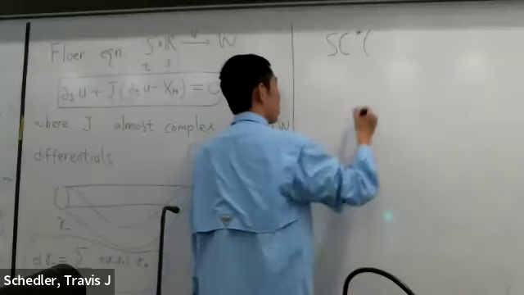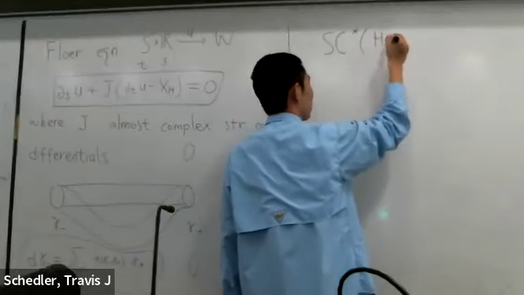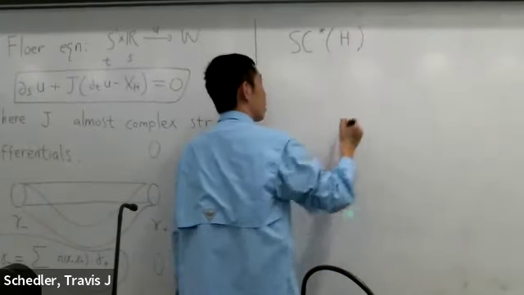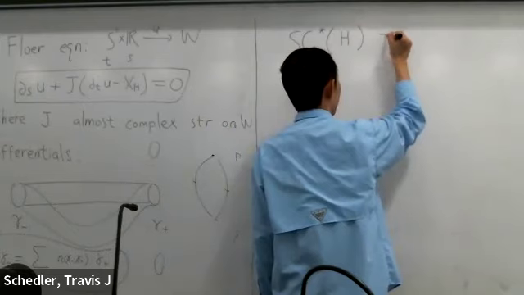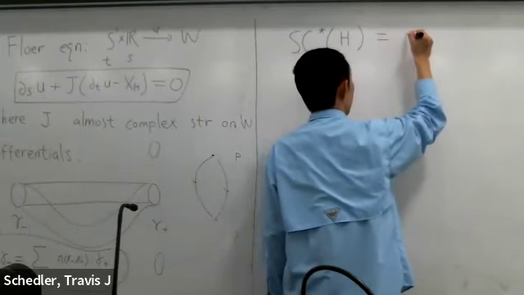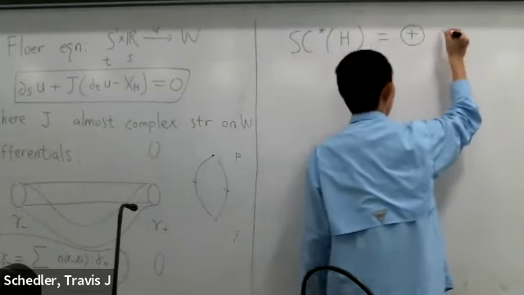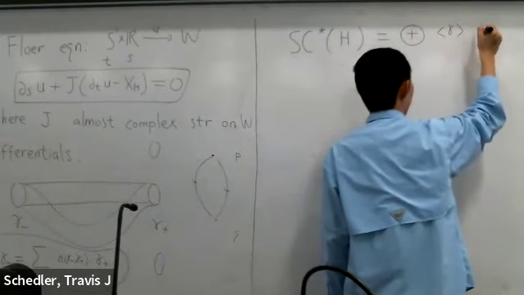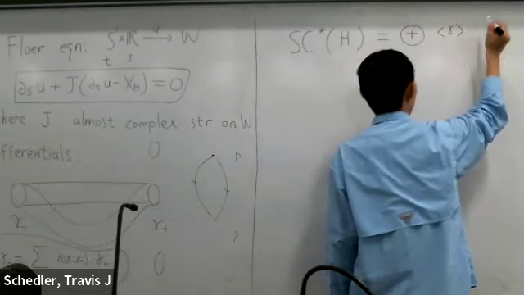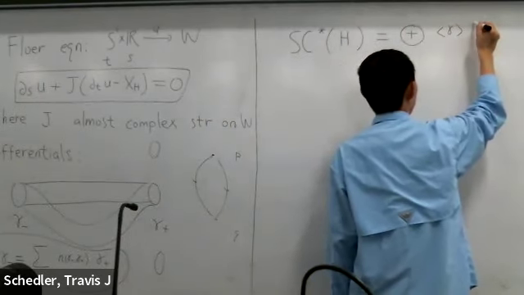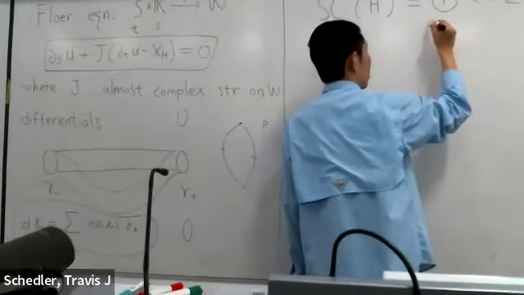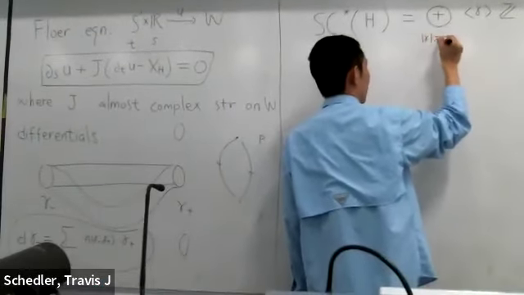A priori, it depends on our choice of H, and maybe also J. I'll just omit this J. It's defined as a direct sum of gamma, maybe times some coefficient field, or maybe just times Z, where the degree of gamma equals some fixed degree.